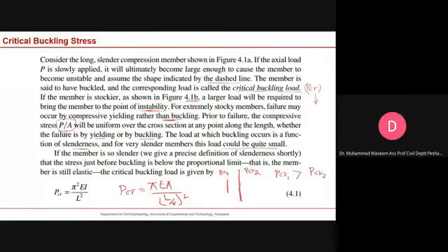If the member is very slender, the magnitude at which it starts buckling or fails in stability will be very low. If the member is so slender that the stress just before buckling is below the proportional limit, that is, the member is still elastic, the critical buckling load is given by this formulation.